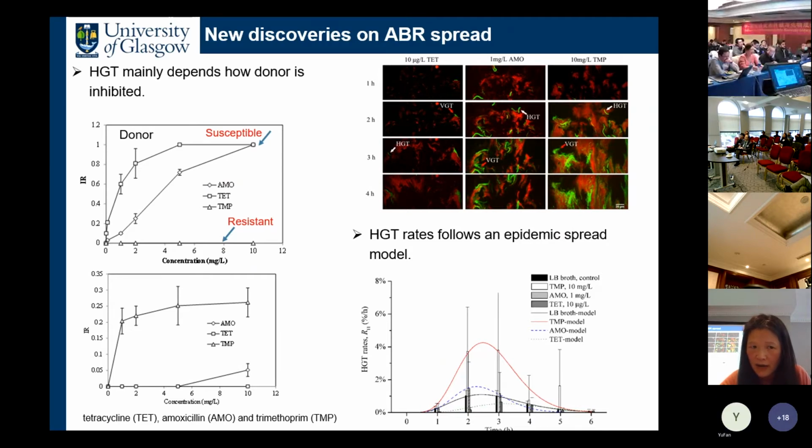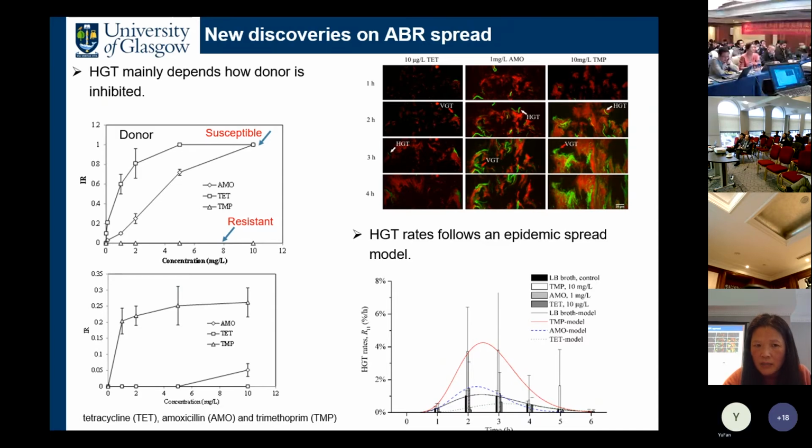Again, a lot of discovery. In particular, we look at how antibiotic treatment affects this antibiotic resistance gene spread. And we find that how the donor resists antibiotics plays an important role. Look at this figure here. This donor cell can resist TMP.